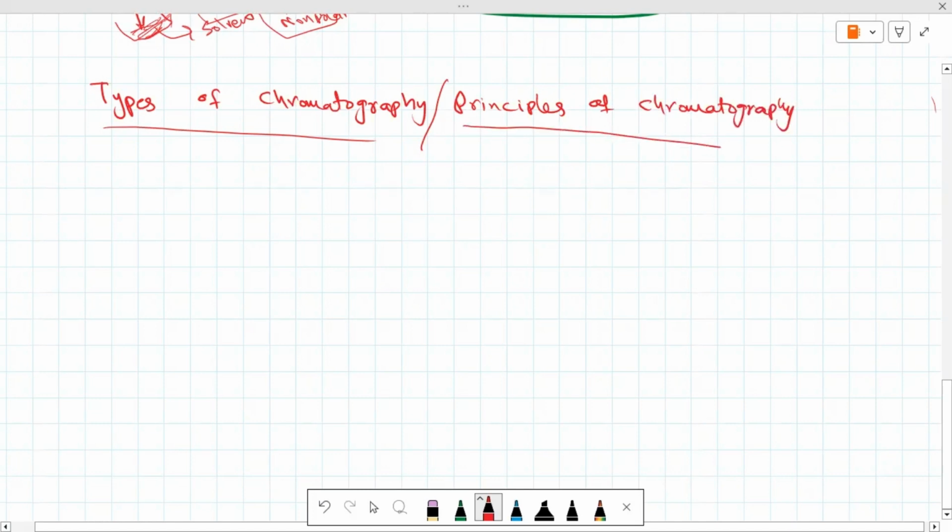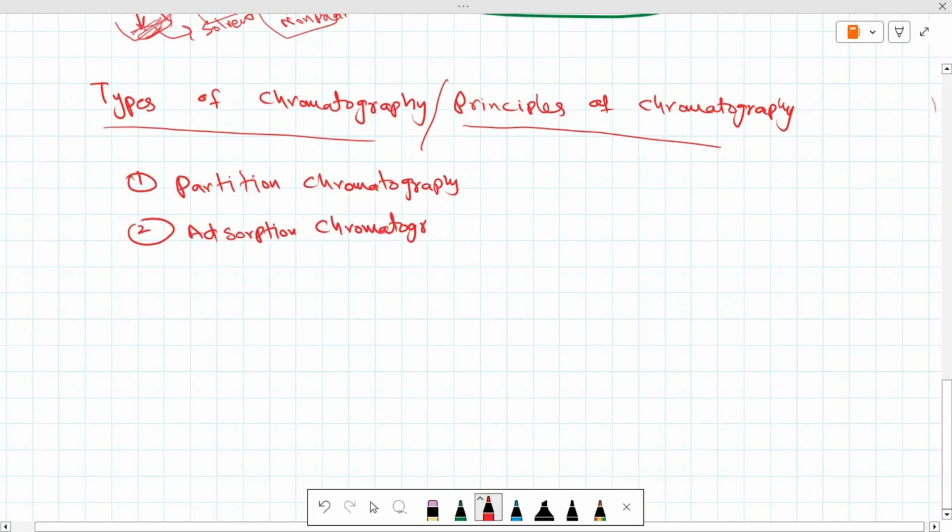Principles of chromatography. Number one is partition chromatography. Number second type is adsorption chromatography. Then we have ion exchange chromatography.